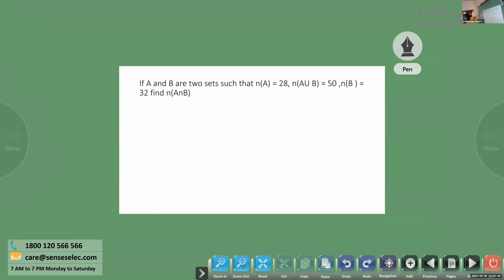If A and B are 2 sets such that n of A is equal to 28, n of A union B is equal to 50, n of B is equal to 32. Find n of A intersection B. You have to find n of A intersection B.